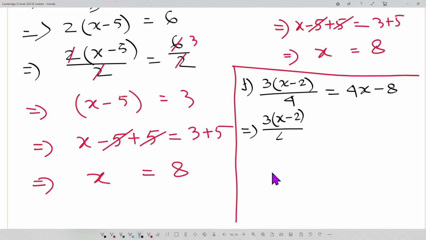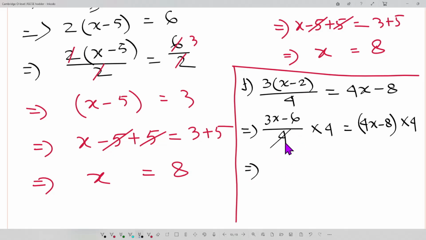First, the best way we can write is 3 times x is 3x minus 6, and here is 4 times 4x minus 8 times 4. Therefore this 4 and 4 cancel out, here is 3x minus 6, and here is 4 times 4 is 16x, and minus 8 times 4 is 32.